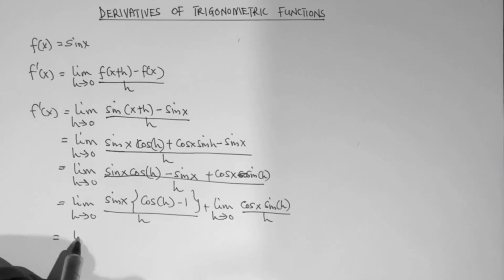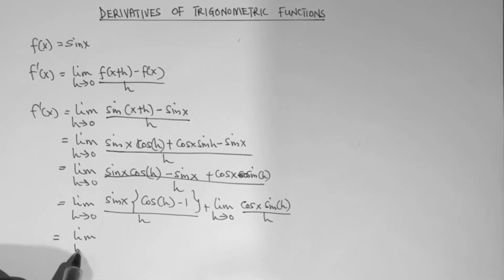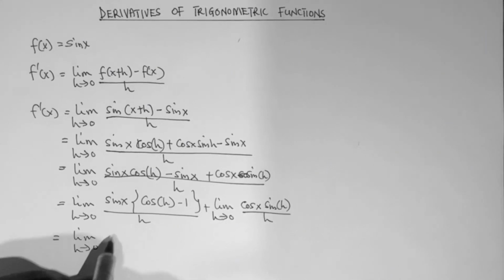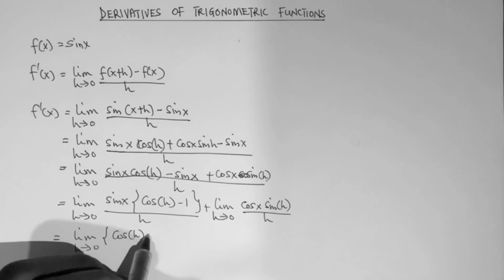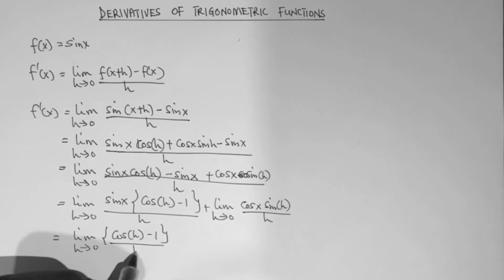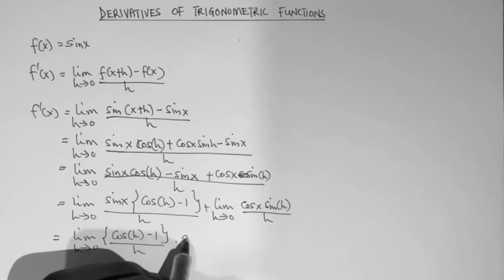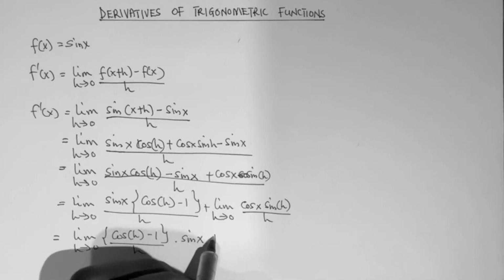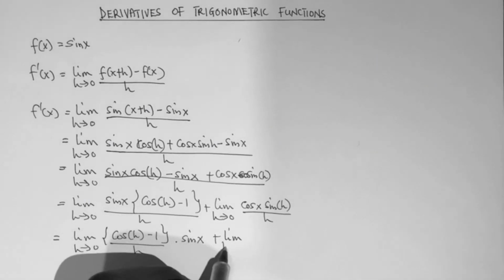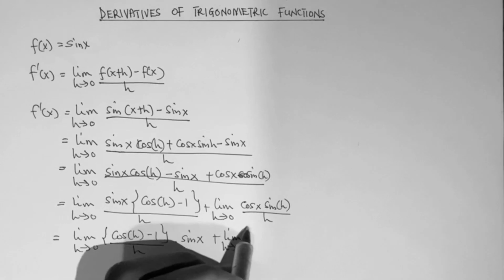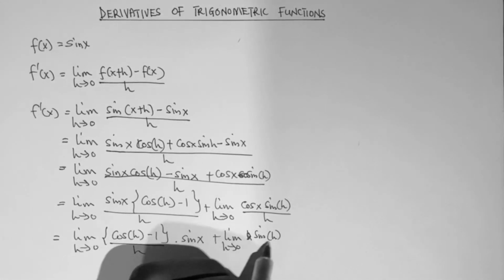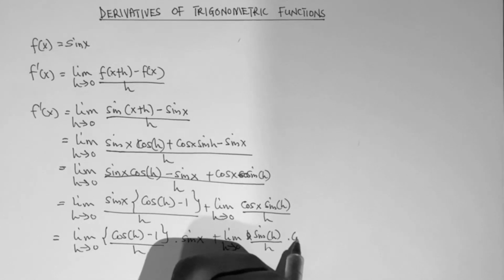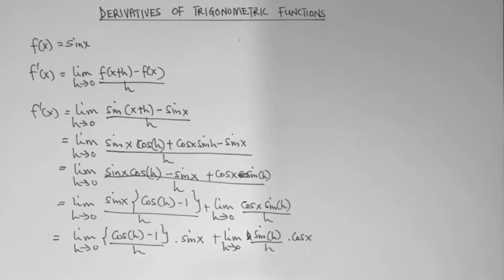So this is equal to the limit as h approaches 0. Now this will become, in brackets, cos h minus 1 divided by h, times sine x, then plus the limit as h approaches 0 of sine h divided by h, times cos x.